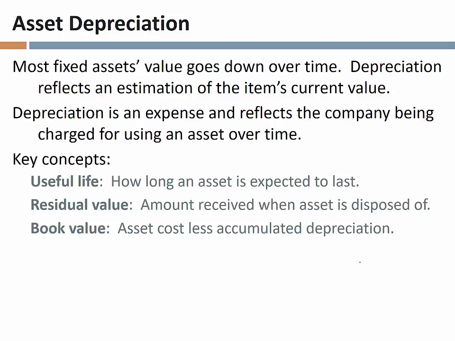So here I am, if you will, day one. My books reflect an asset for $150,000. And then down here is day 5 years plus 1. I want the value here to be $15,000. So how do I get from here to here?